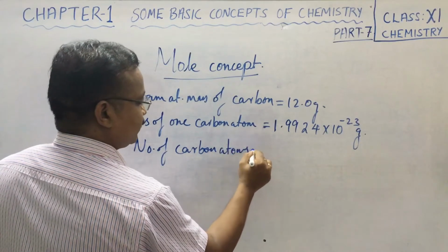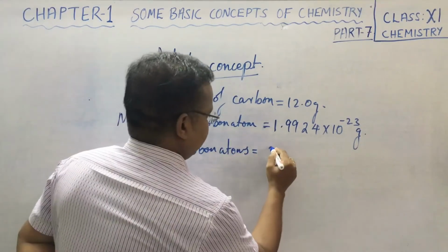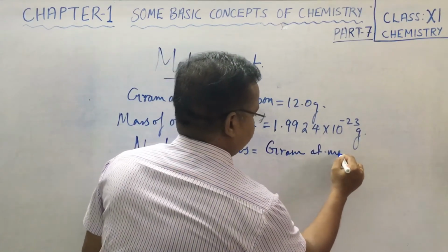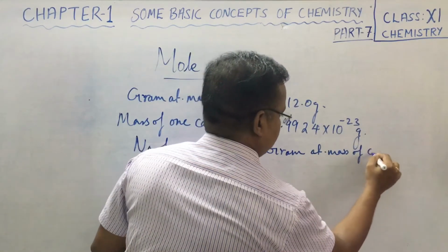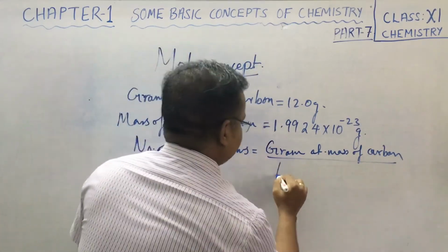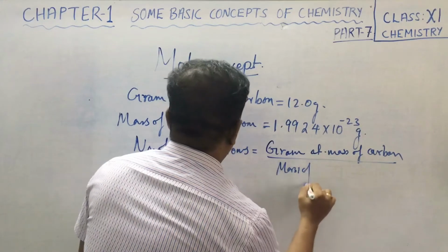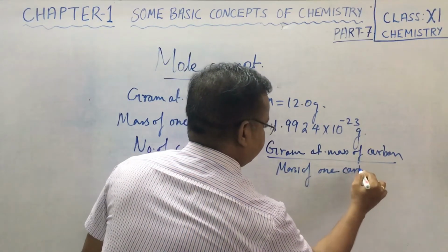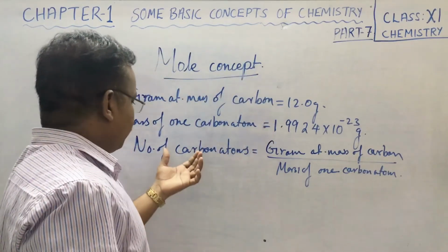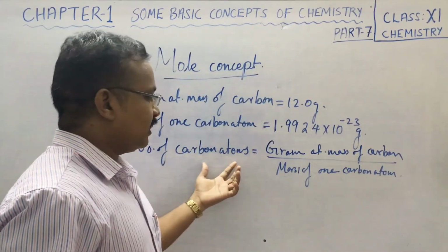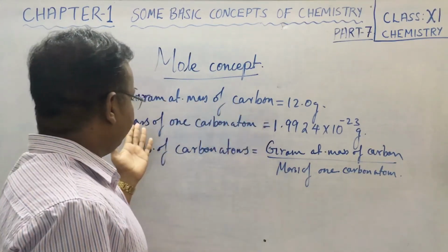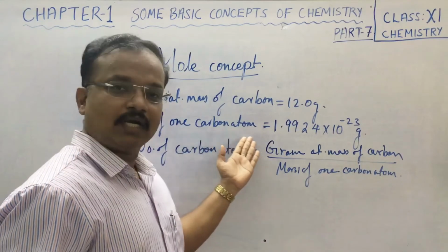Number of carbon atoms can be calculated as gram atomic mass of carbon divided by mass of one carbon atom. So you must remember, to find out the number of carbon atoms, you have to divide gram atomic mass of carbon by mass of one carbon atom.